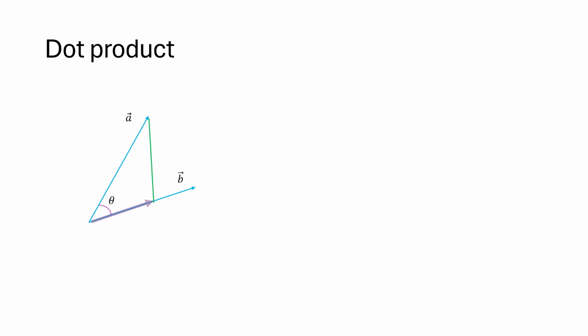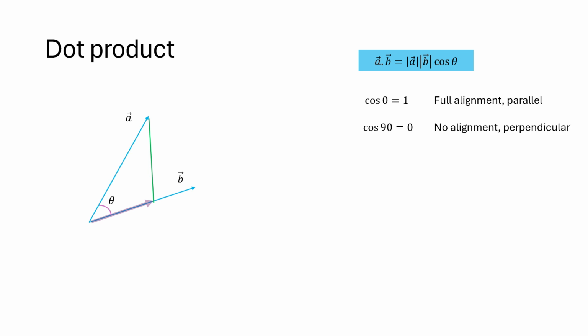The dot product between the two vectors is given by the following formula. The cosine term in this formula is a representation of the percentage of alignment between these two vectors. This means that when theta is equal to 0, two vectors are fully aligned or parallel, whereas when theta is equal to 90 degrees, two vectors have zero alignment, or they are perpendicular to each other.